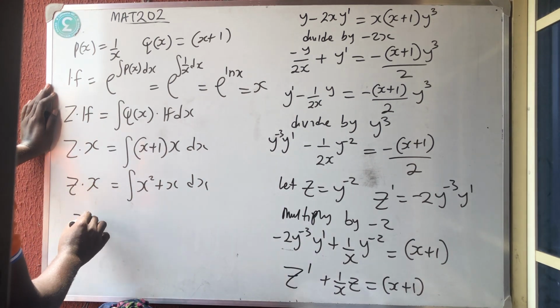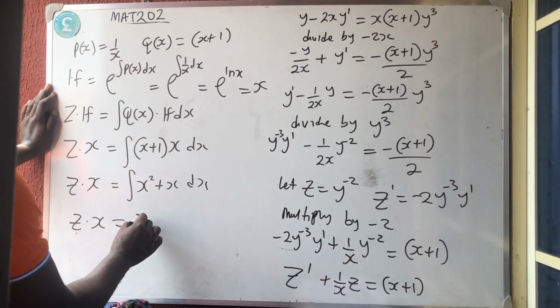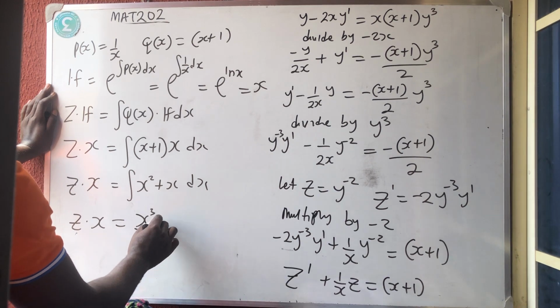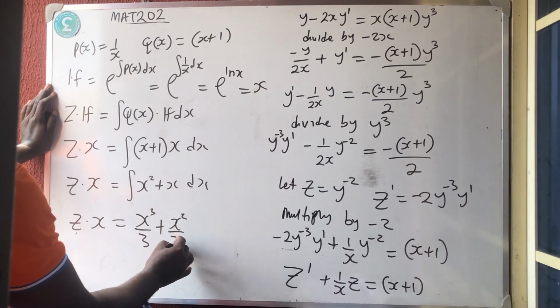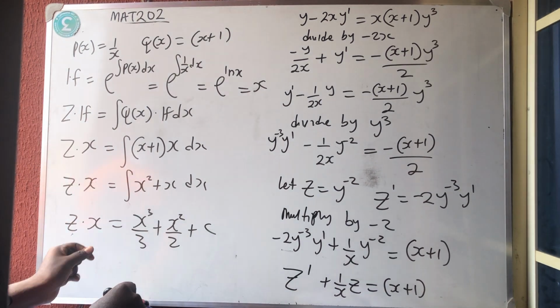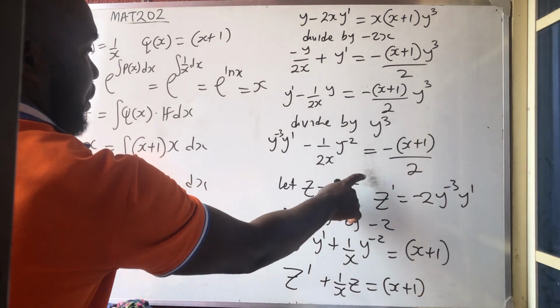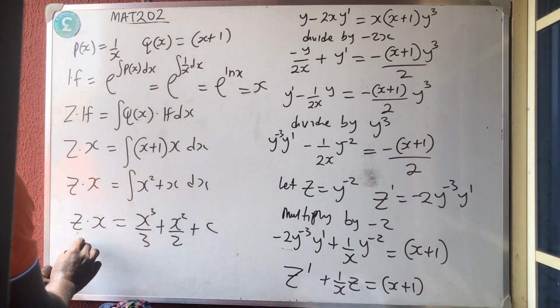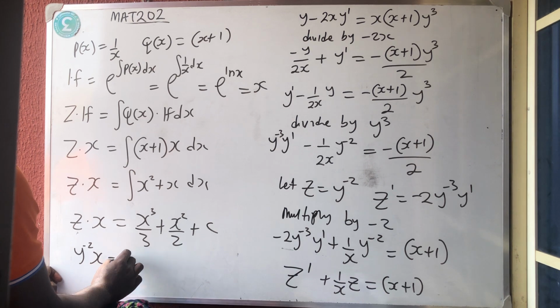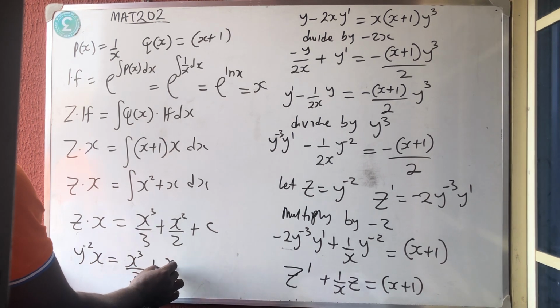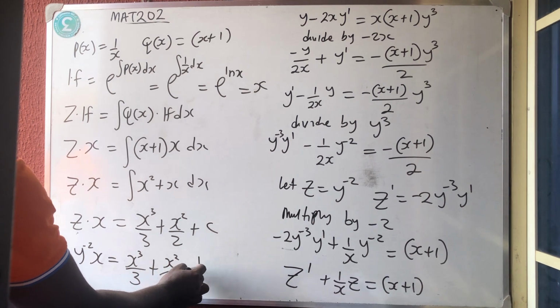So z dot x is equal to x raised to power 3 over 3 plus x raised to power 2 over 2 plus a constant. So what did I call my z? My z is y raised to power minus 2. So I'm having y raised to power minus 2 x is equal to x cubed over 3 plus x squared over 2 plus a constant.